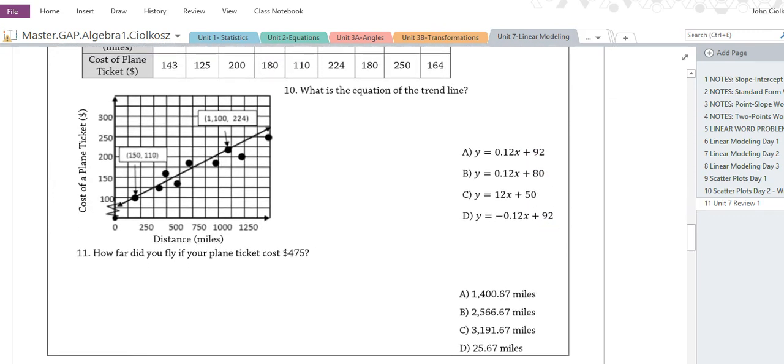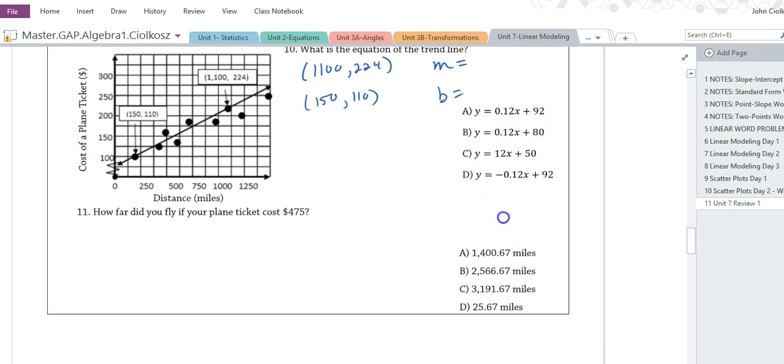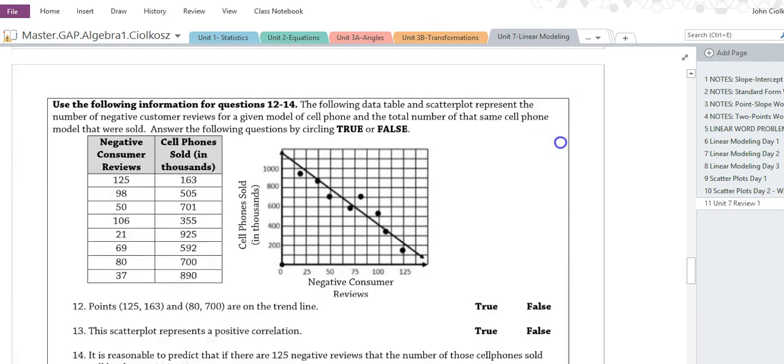Equation of the trend line, well, we have 2 points, so I'm going to use those. We're going to find slope using the slope formula, and then find b by plugging into y equals mx plus b. Figure out your equation, and it's similar to what we've done.